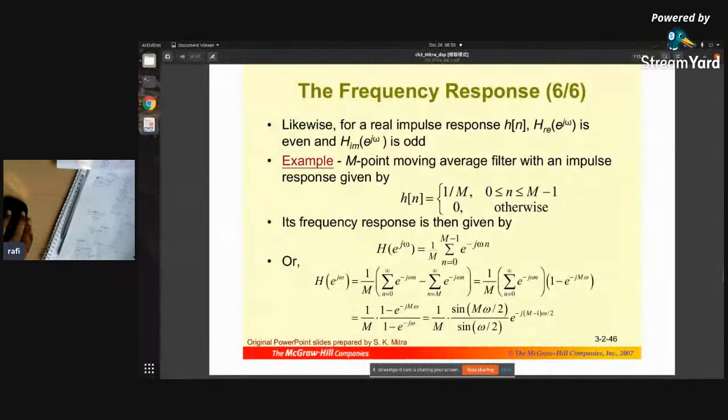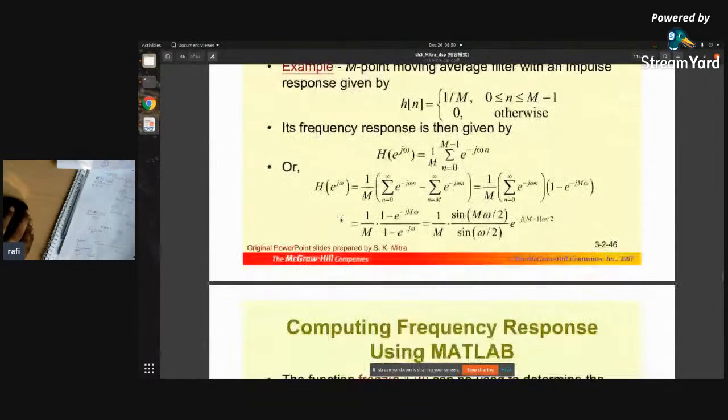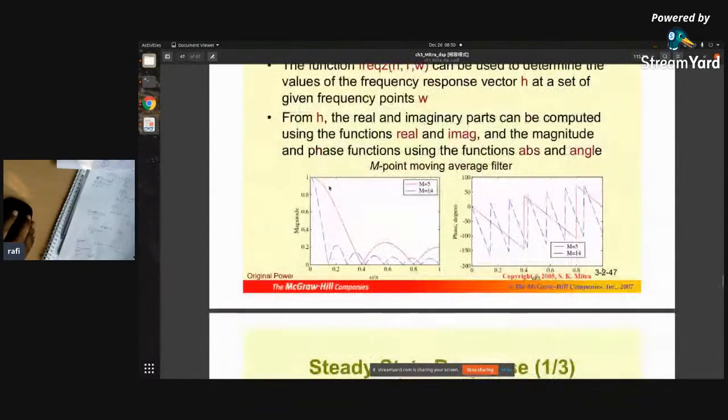Next, we have seen an example of the moving average system, its magnitude and phase response. As m increases, the low pass capacity of the system changes, meaning the cutoff frequency decreases.